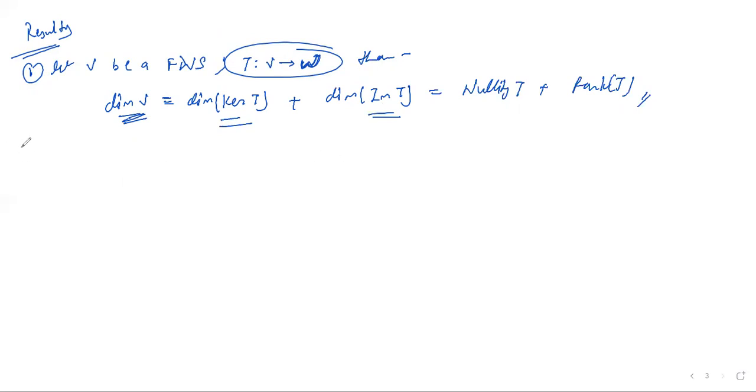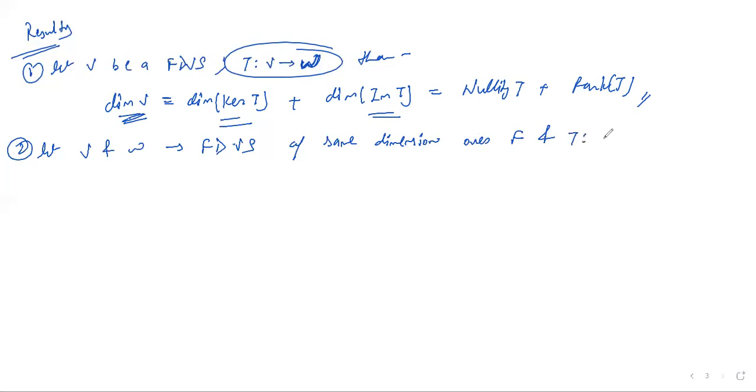And the second result is that let V and W, we have two vector spaces V and W which are finite dimensional vector spaces, and these two vector spaces have the same dimension over the field F, and the mapping T: V to W is a linear mapping.